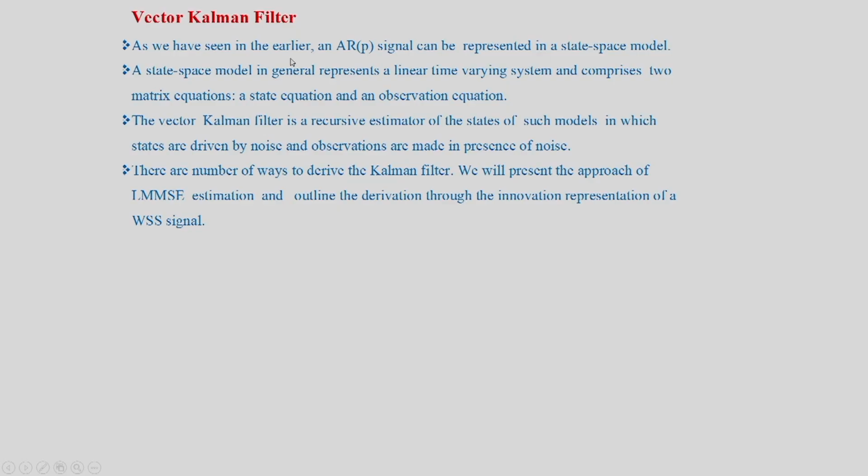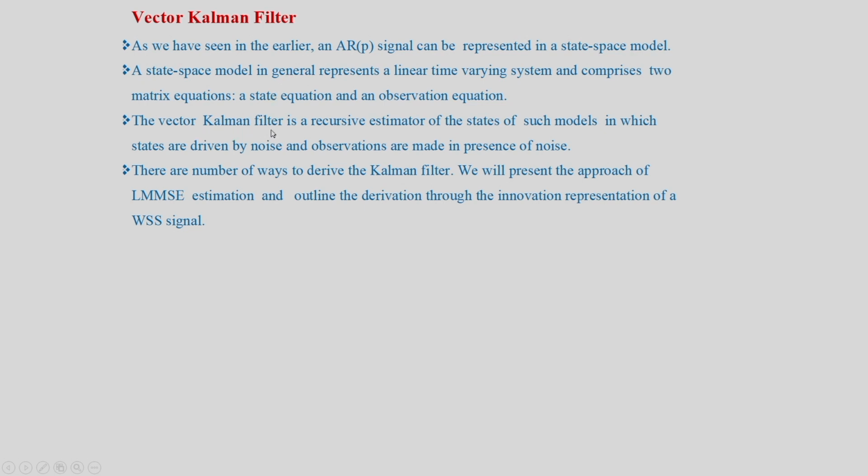As we have seen earlier, an AR(p) signal can be represented in a state space model. A state space model in general represents a linear time varying system and comprises two matrix equations, a state equation and an observation equation. This is the state space model used by the control engineers.